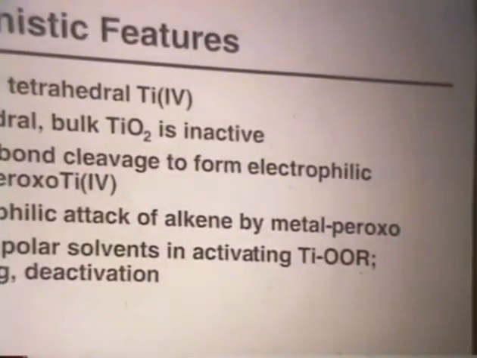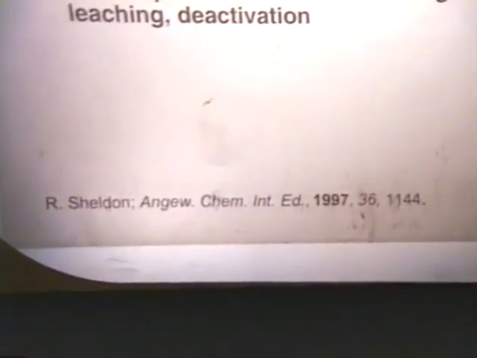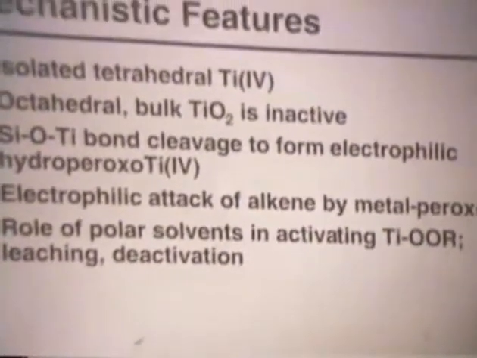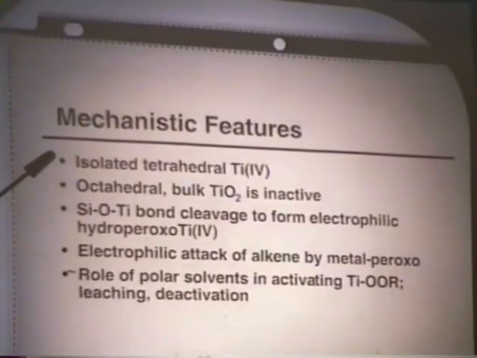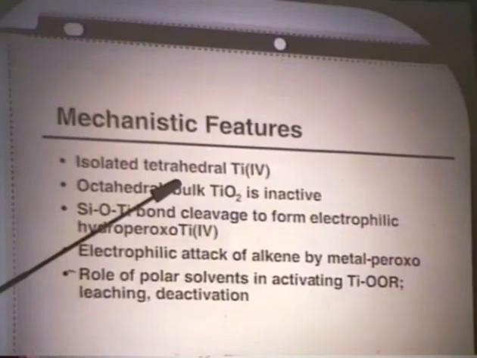Okay, so a few details before we get started. These are a few features that will be useful to remember as we go through this. Activity in these titanium silicates for epoxidation is generally ascribed, and I think generally accepted, to be due to isolated tetrahedral titanium 4 ions. Octahedral ions, microcrystalline TiO2, are inactive for these epoxidations.